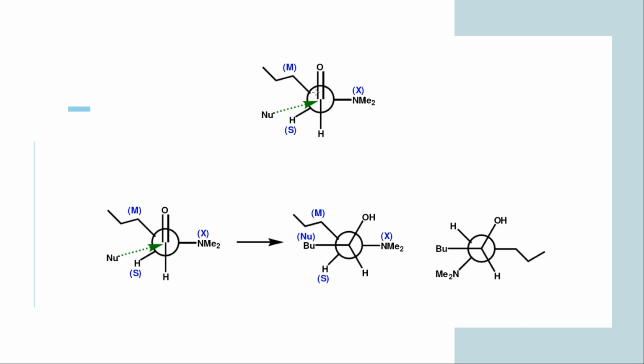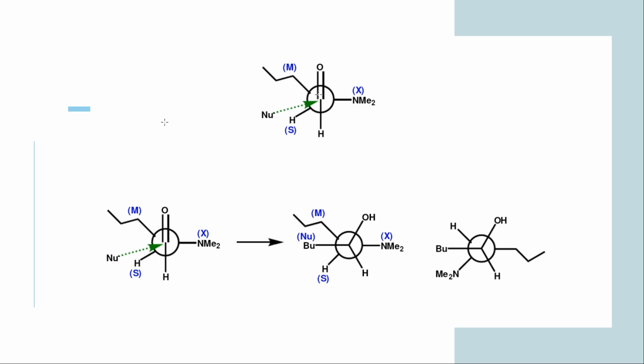I hope you understood. Like in the video he explained about the Cieplak model, we have arranged the electronegative group perpendicular to the carbonyl.